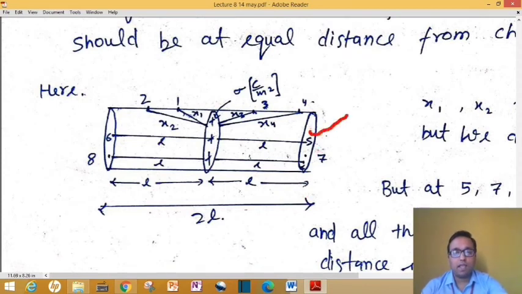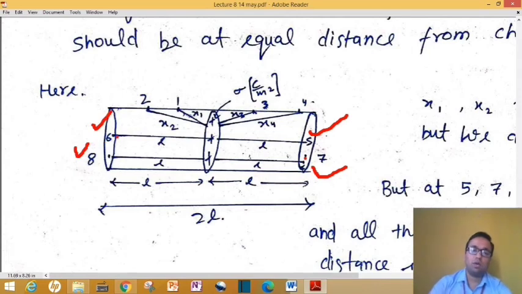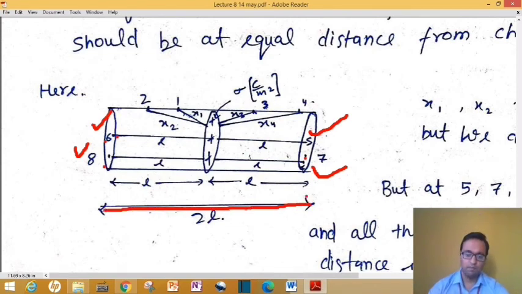This point 5 and this point, its name is point 7, this point 6, and this point 8. If I talk about these 4 points, can you say that all these 4 points, 5, 7, 6 and 8, are at equal distance from the surface charge? Yes, you can say, because the total length of the cylinder is 2L.